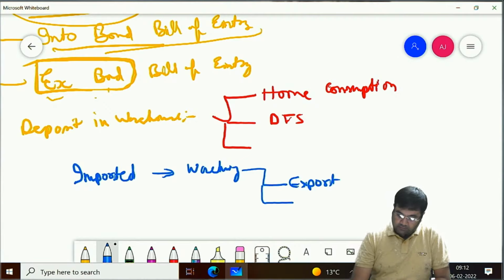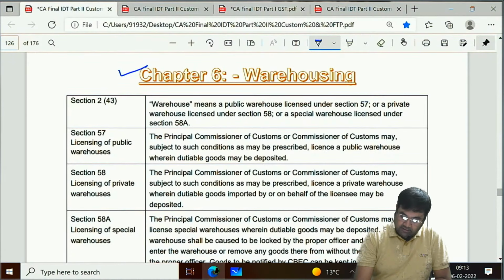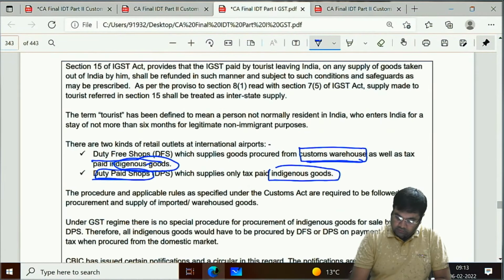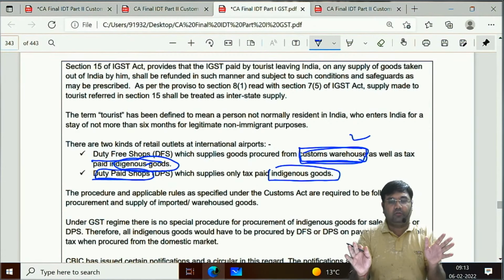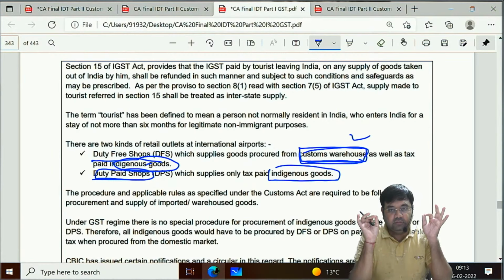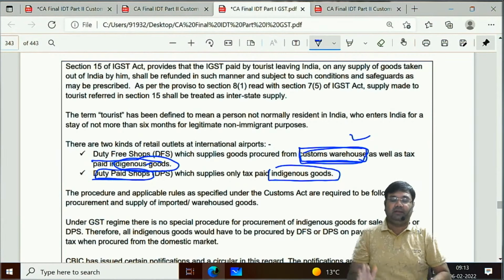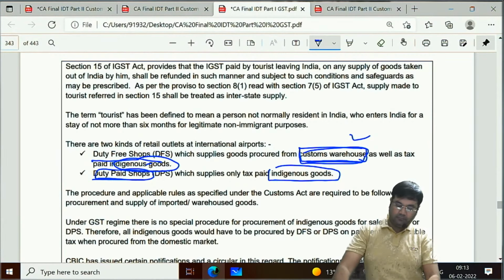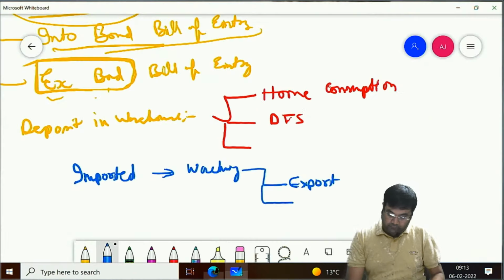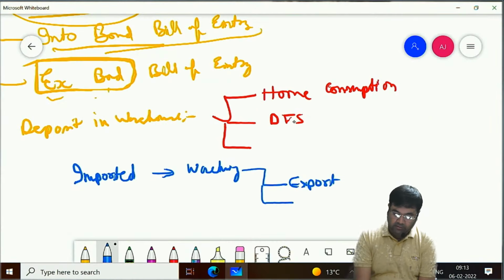So he can supply to a duty free shop. In that scenario, no need to pay the duty. That's why duty free shops can buy indigenously or from a custom warehouse. If they are buying from a custom warehouse, no question of refund because they are not supposed to pay taxes and duties. So from home consumption or they can supply to DFS.